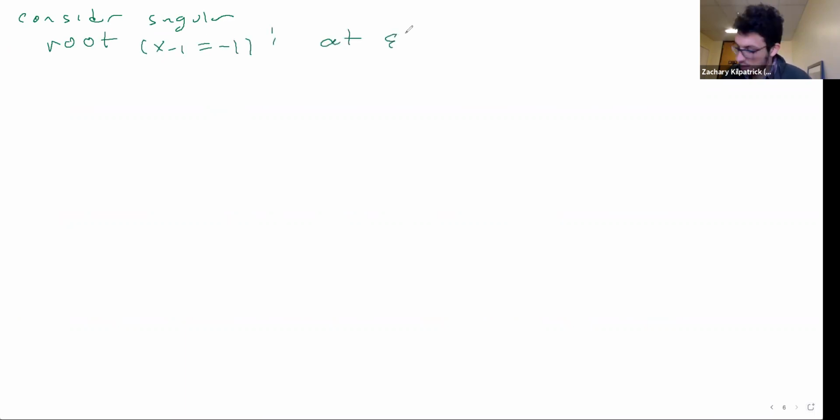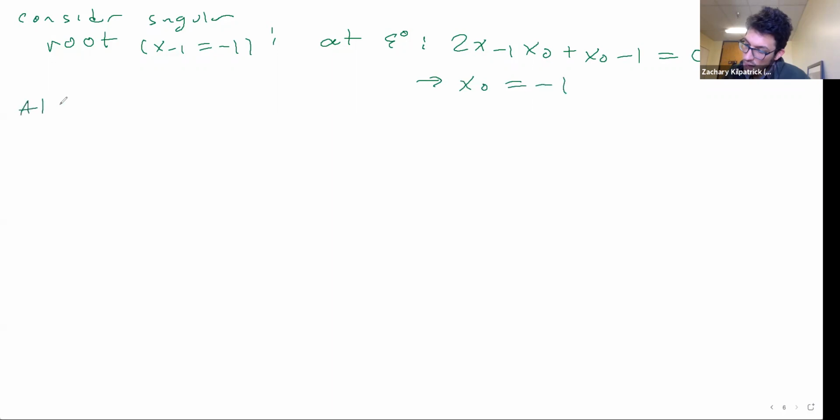Then at epsilon to the 0, we end up with 2 x -1 x0 plus x0 minus 1 equals 0. This implies that x0 equals -1, okay? At epsilon to the 1, 2 x -1 x1 plus x0 squared plus x1 equals 0.